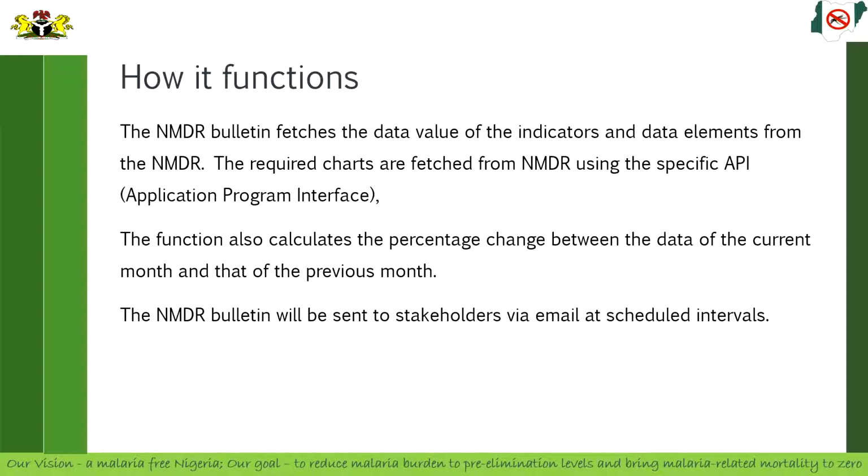Lastly, the NMDR bulletin sends emails to stakeholders at scheduled intervals. What that means is, based on what we agree, as approved by the NMDR project steering committee, if we say we should send stakeholders emails on a monthly basis, it shall be programmed.